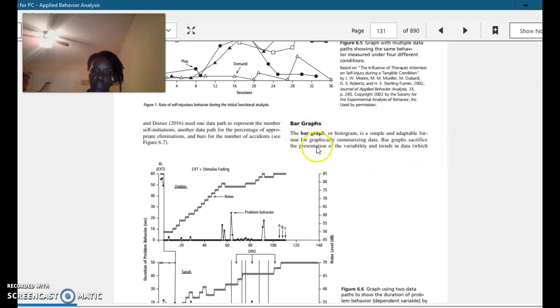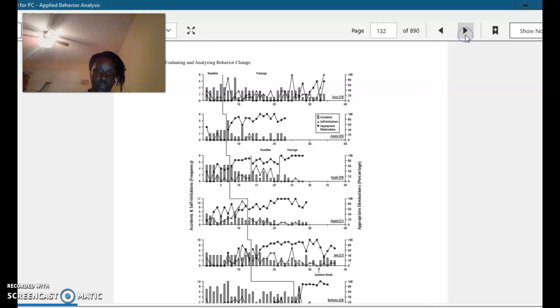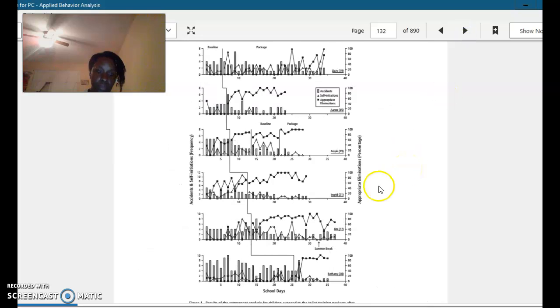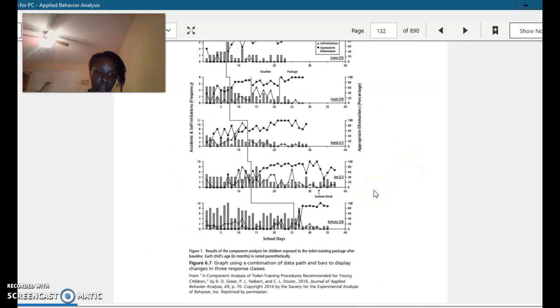Then it goes on to explain a different type of graph, which is a bar graph or a histogram. Here this shows your bar graph and the simultaneous use of a data pad.